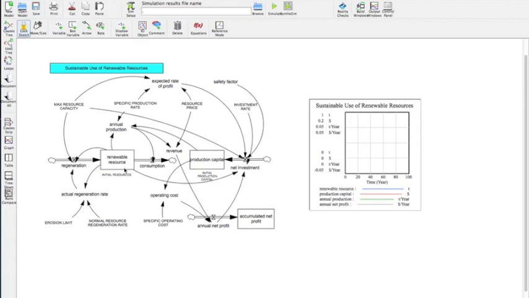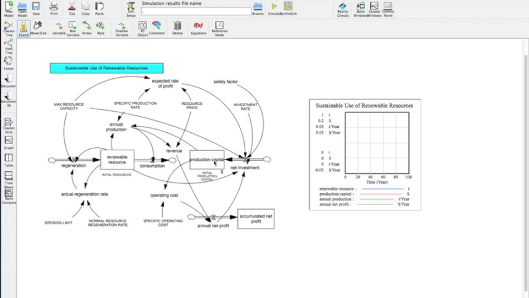The renewable nature of this resource is used to calculate an annual production of the resource, which generates an expected rate of profit given a resource price. So this is a resource that you're selling, but also this renewable resource drives the investment that is required to use that resource for production.